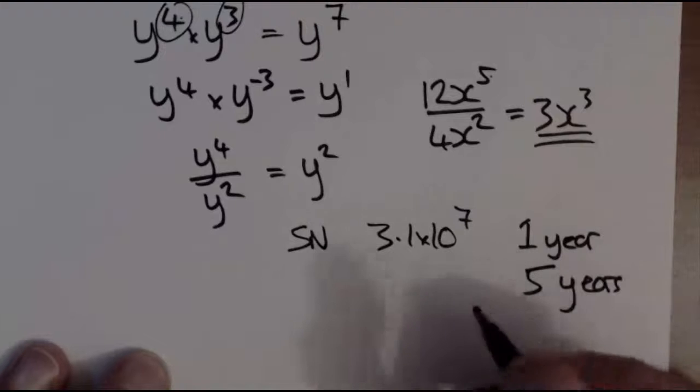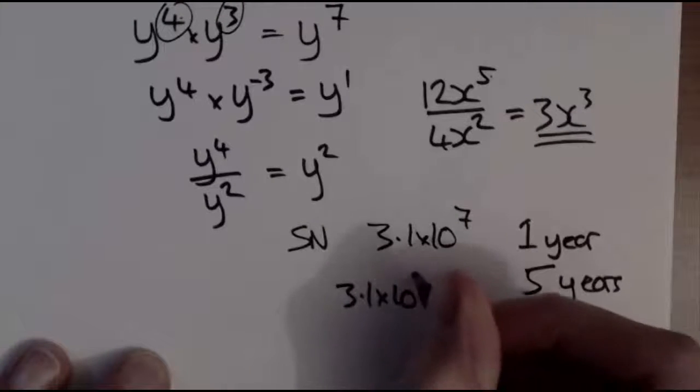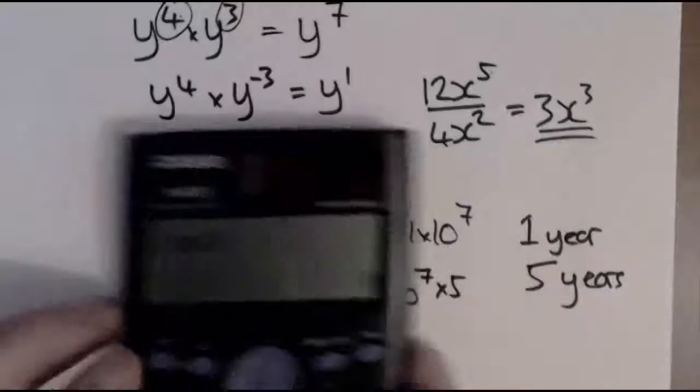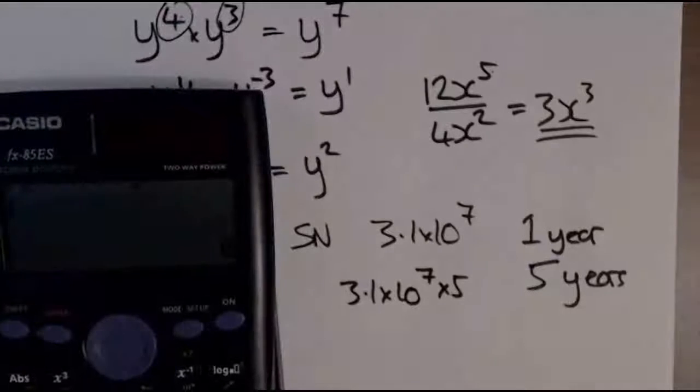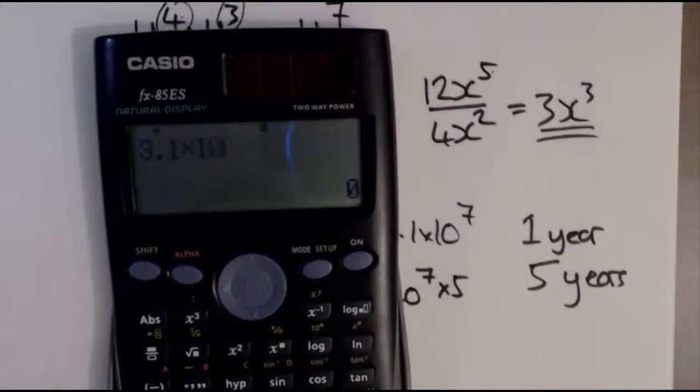So all you do there is you say 3.1 times 10 to the power of 7 times 5. You then get your calculator and type in 3.1 times 10 to the power of 7 times 5.